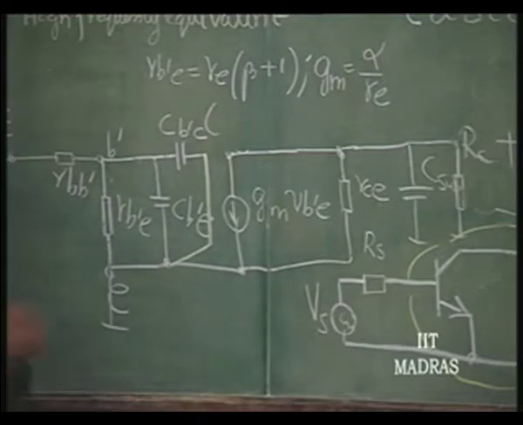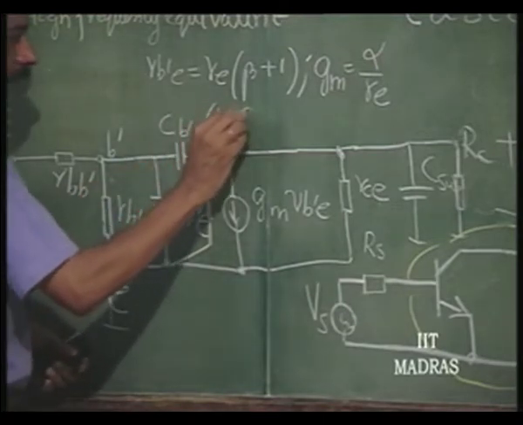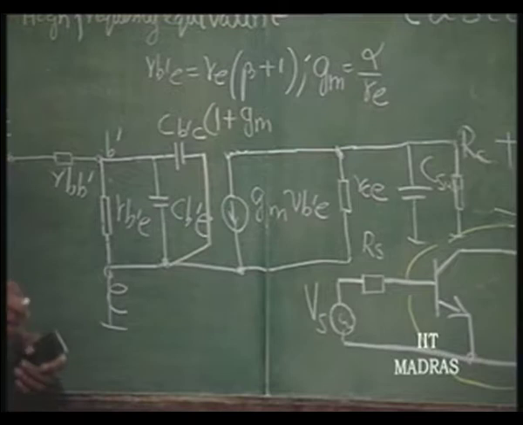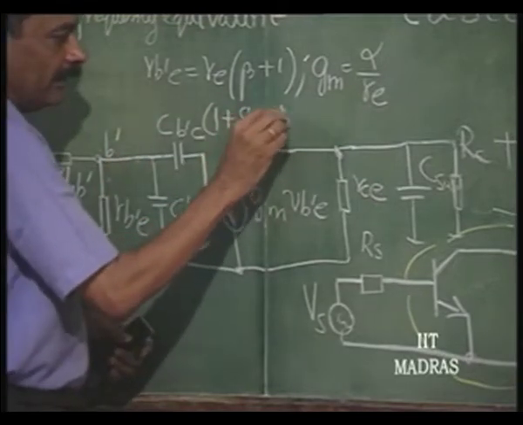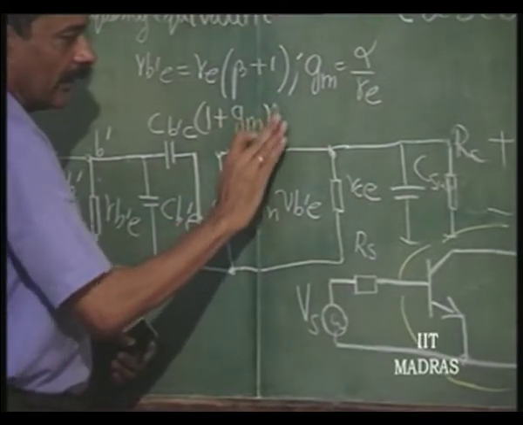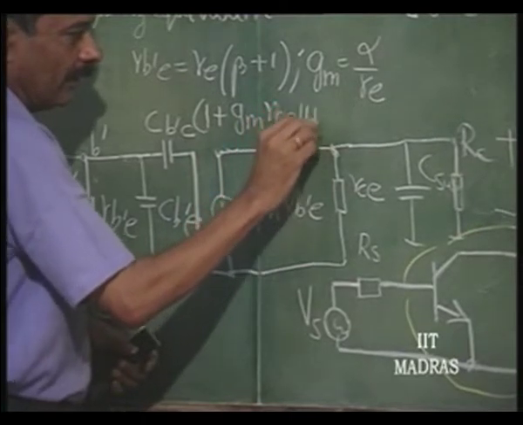into 1 plus, this is the Miller effect which we discussed, Gm, there is RCE parallel RC.